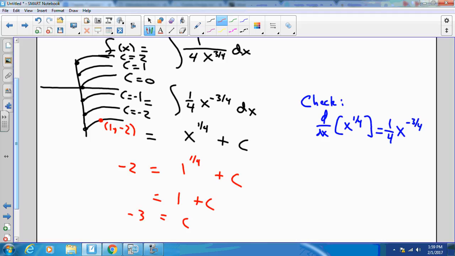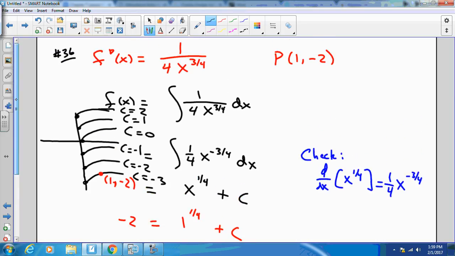And since 1 to the 1/4 power is 1, I get c equals negative 3, so that when c is equal to negative 3, this member of the family goes through the required point 1 comma negative 2.